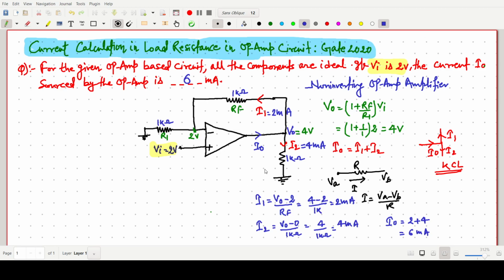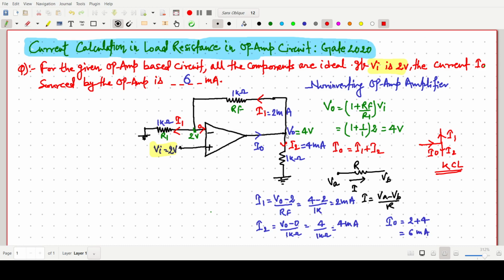Clear this one? Okay, one another way: suppose we don't know the formula, so in such a question how to proceed. Due to the virtual current concept, the current into the inverting input will be 0. So this I1 will be the same as this I1. Yes or no?